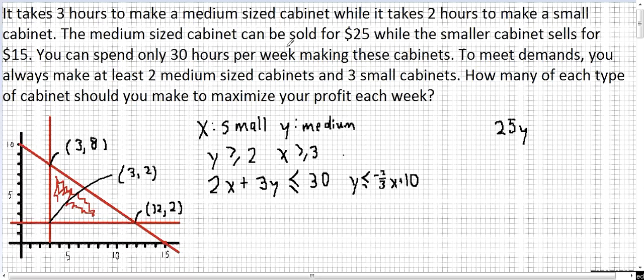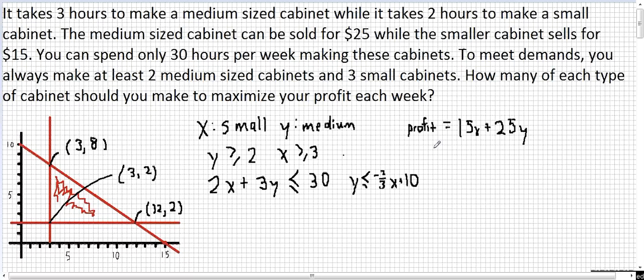And we only get $15 for these small cabinets. So we multiply 15 by x, then add these two quantities together, and this is equal to the profit. So this is the quantity that we're trying to maximize.